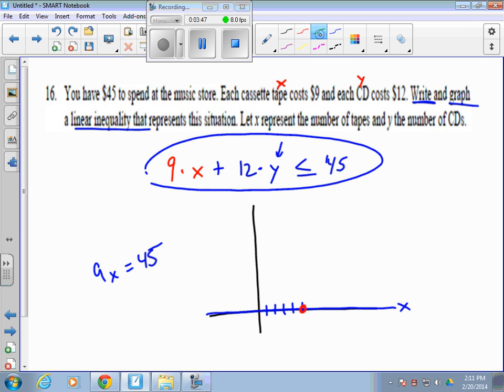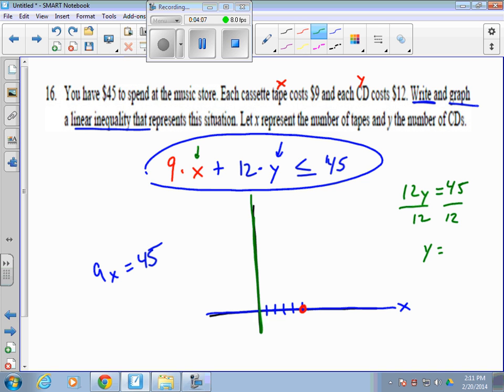If you're looking for y's intercept, you're going to plug in 0 in place of x. That cancels that part out. It leaves you with 12y. Again, we're using equals 45. When you divide by 12, you get y equals 45 divided by 12.